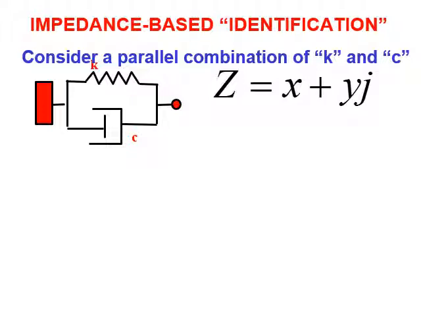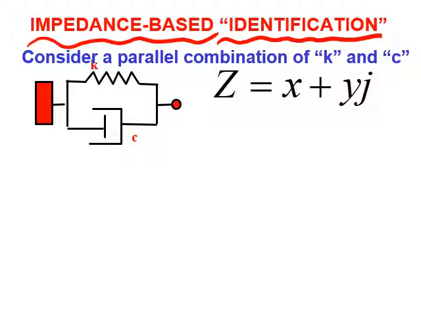Now what we are using is the term identification. We say impedance based identification. So what is this impedance based identification? Let's say in general the mechanical impedance of a structure has two components, X the real part and Y the imaginary part.